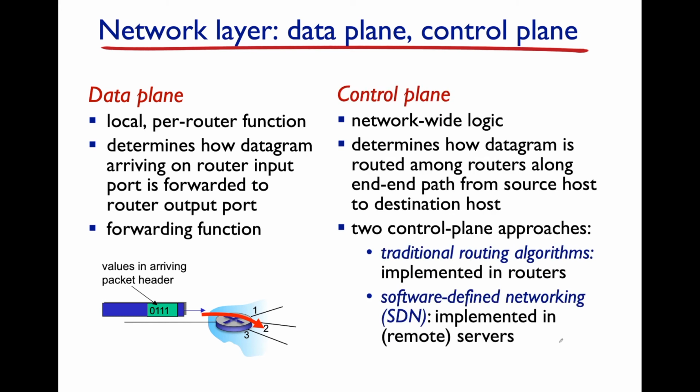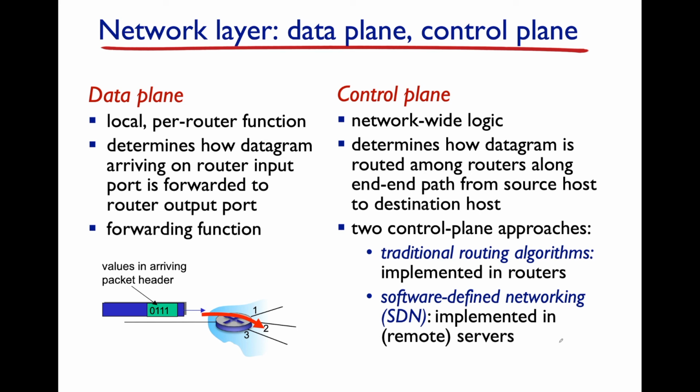And so the control plane is that global decision that uses network-wide information to determine how a datagram should be pushed out of the various links in order to make its way from one source to another destination. And so here we have 2 control plane approaches.